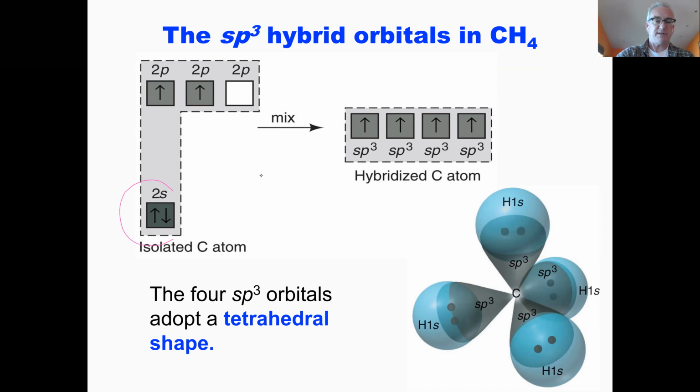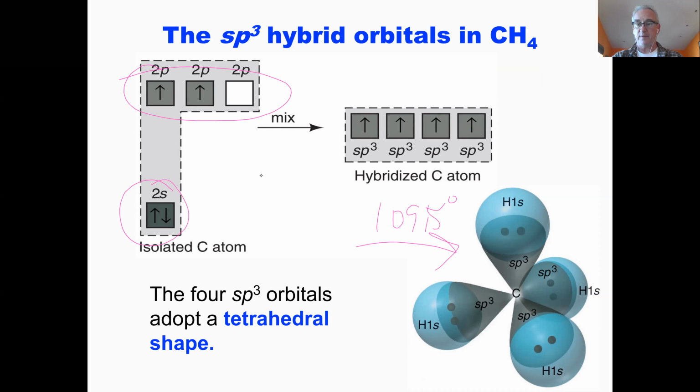It has a 2s, and it's got 3 p orbitals. That's why it can make 4 bonds when it hybridizes these. And then, since you have 4 regions of electron space, you get our good old friend tetrahedral with 109-degree angles.